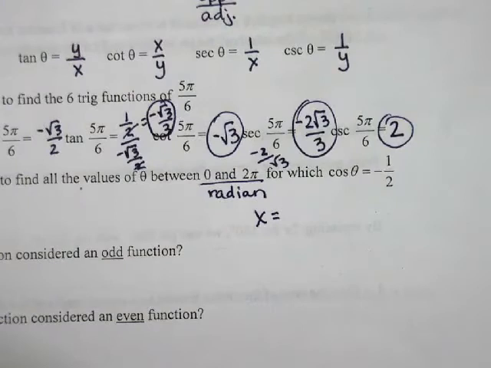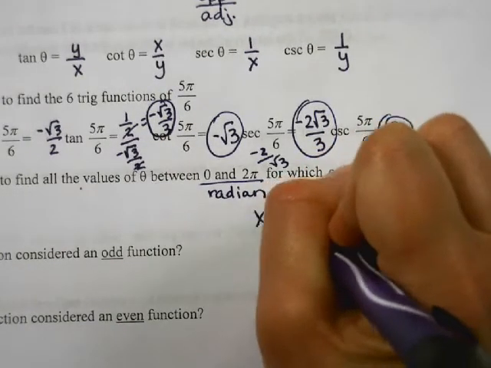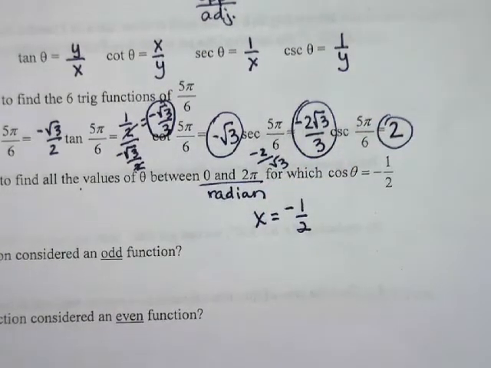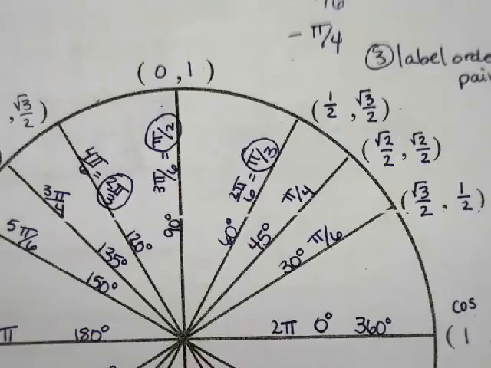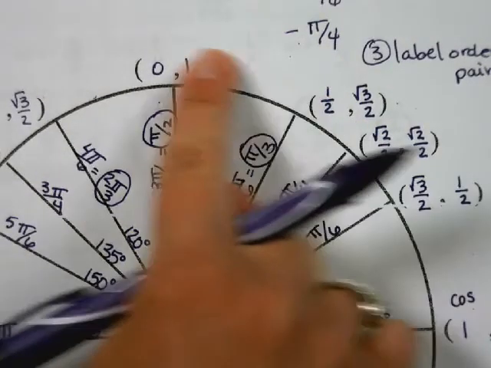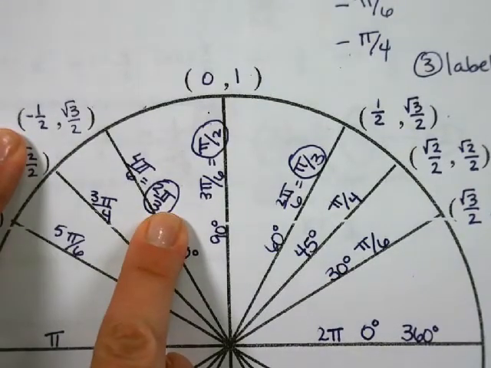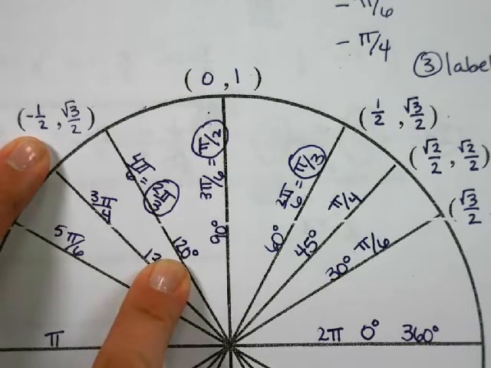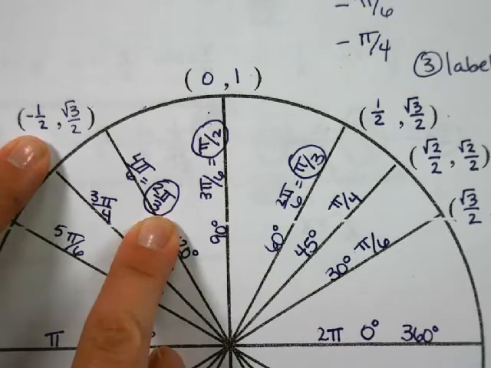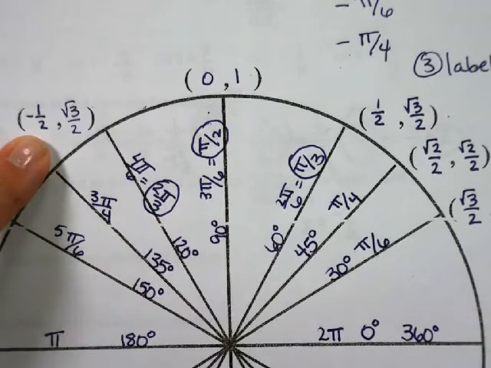So when is x equal to negative 1/2 on your circle? Hey, look, there's one. 120, right? But it said in radians, so 2 pi over 3.